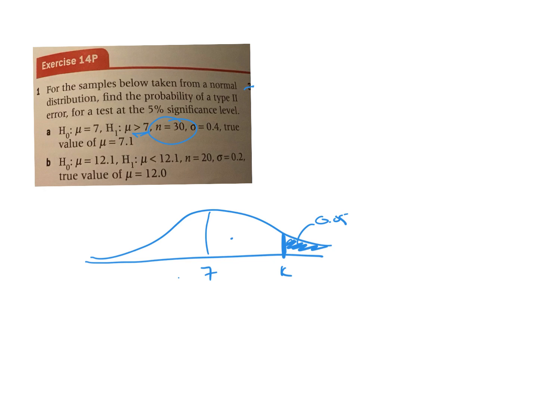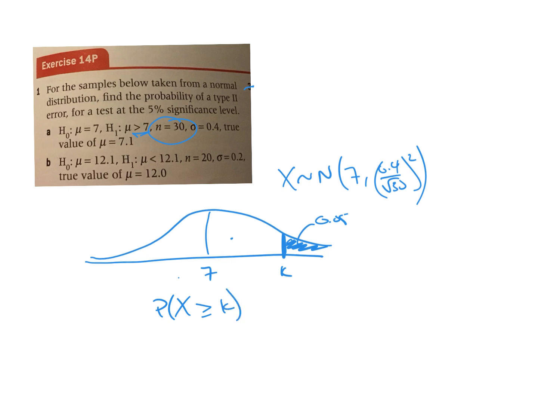So to find that, if I'm looking for the probability, I know also that x is normal, mean of 7, and the standard deviation is going to be 0.4 over the square root of 30 squared for the variance. So I'm looking for the probability that x is bigger than or equal to k.